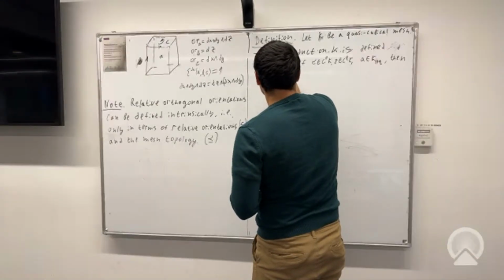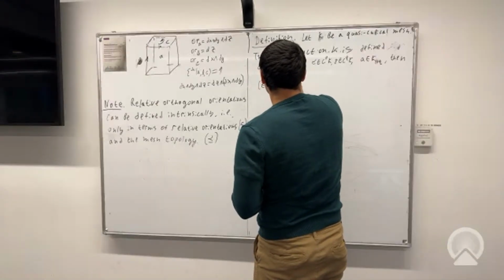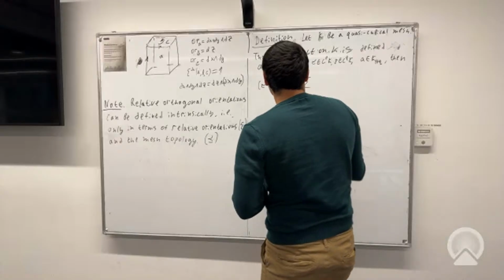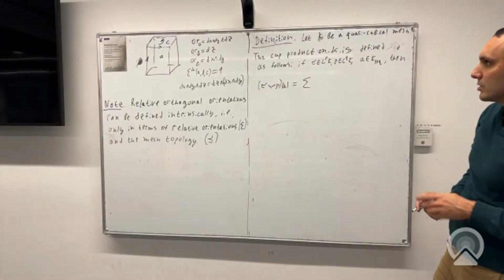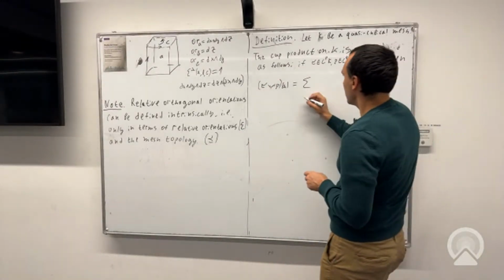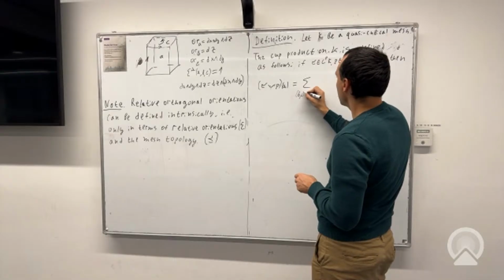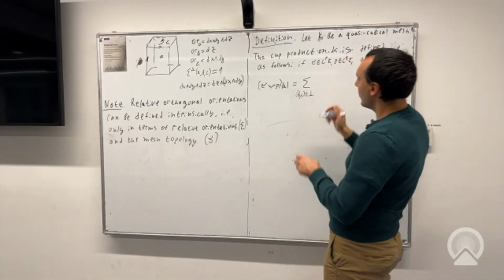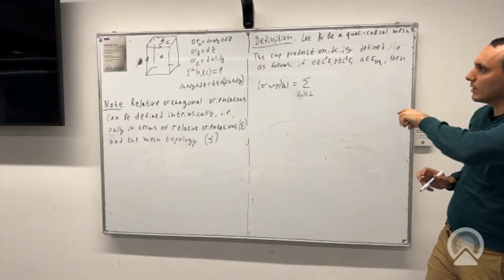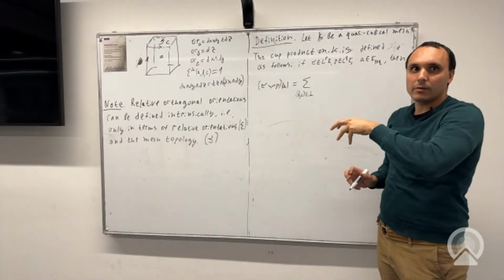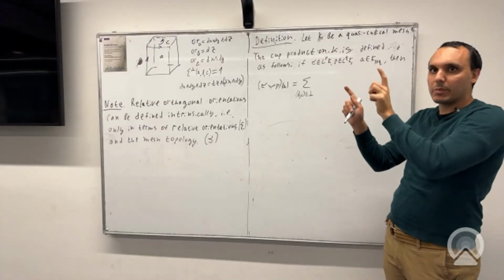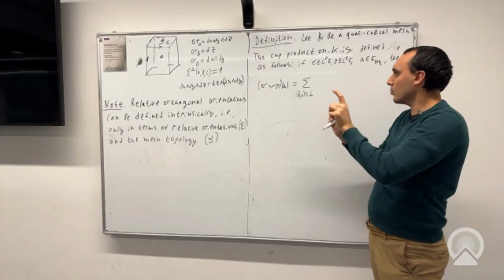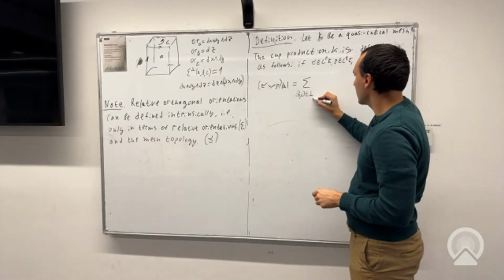sigma smile rho of A is the sum. So these are the coefficients. The relative orientations will be the coefficient. This will be the sum of B, C that are perpendicular. So previously I said that it should only depend on the boundary, and here it only depends on pairs of topologically orthogonal cells.